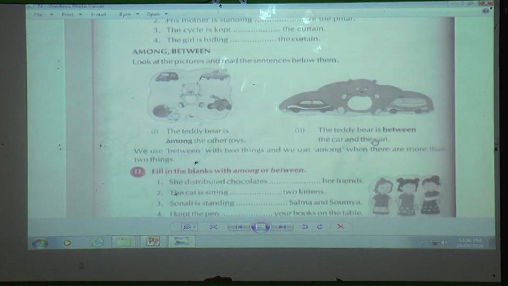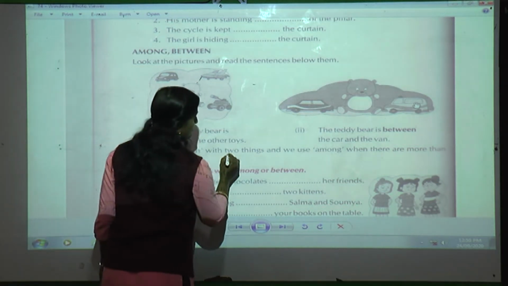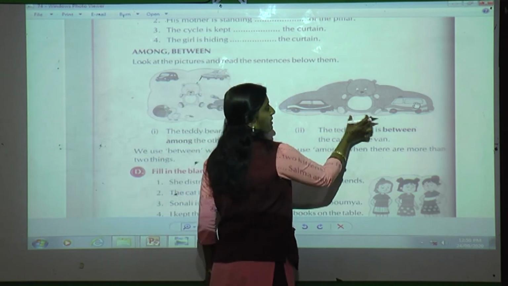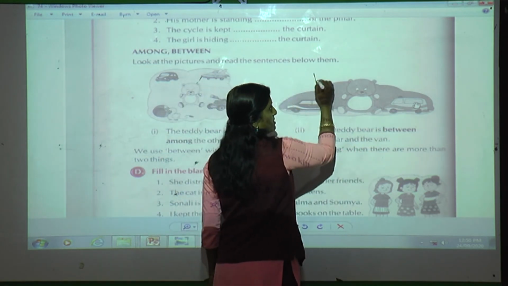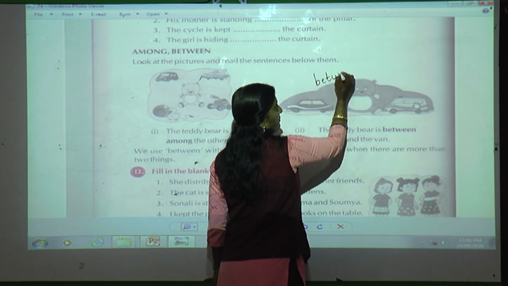Now what is the difference? Here we use between when there are only two things. Can you see here? Teddy bear is between only two things. So here we are going to use between.